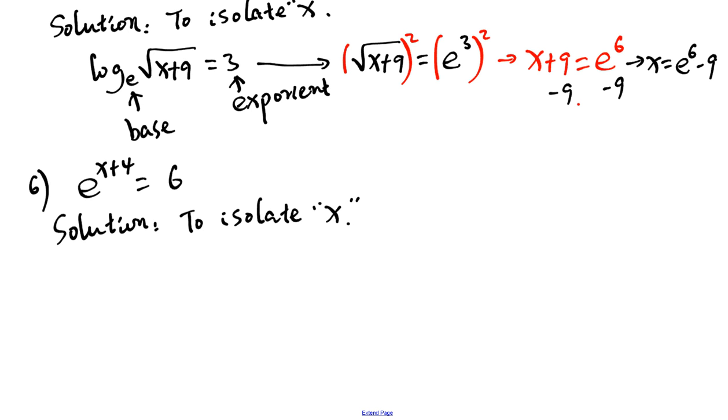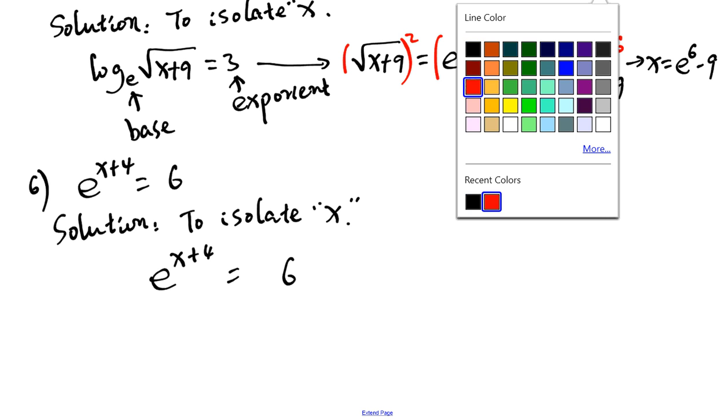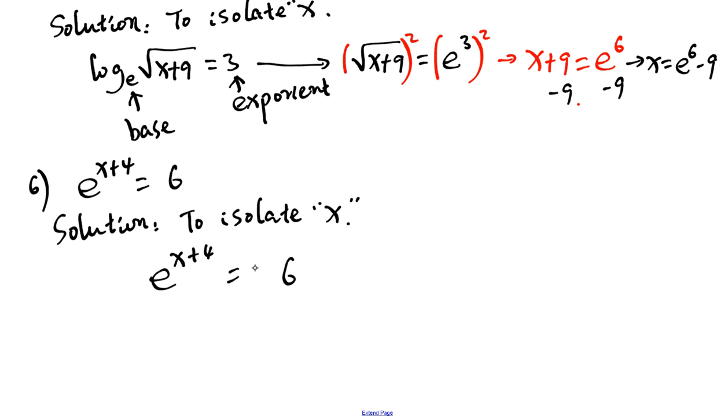What we want to do is take the log, the natural log, of both sides. Once you take the natural log, the exponent can be brought down to the front.